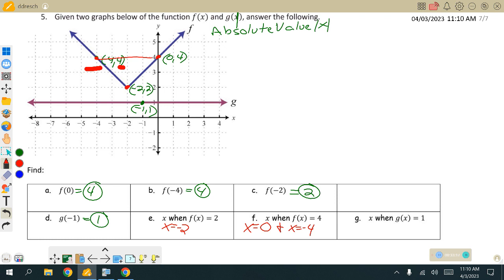Last one, change your view. We're going to the g of x. When y is 1, what is my x value? X is negative 1, negative 3, negative 5, 2, 4, 10, negative 10, or what?